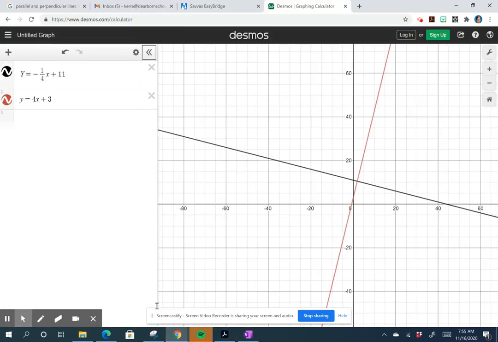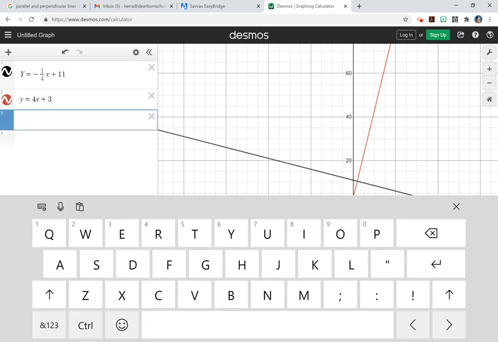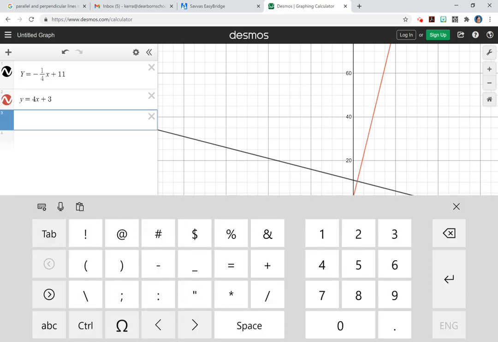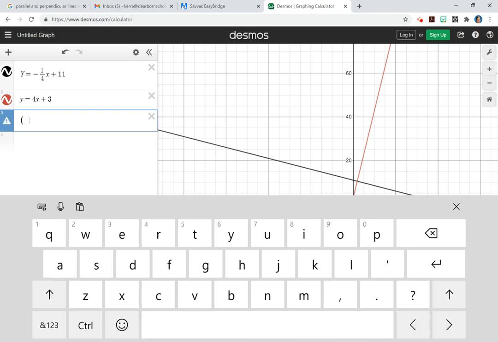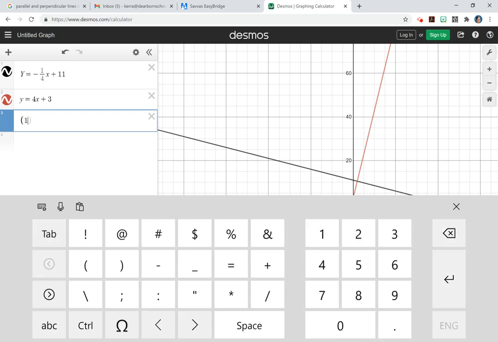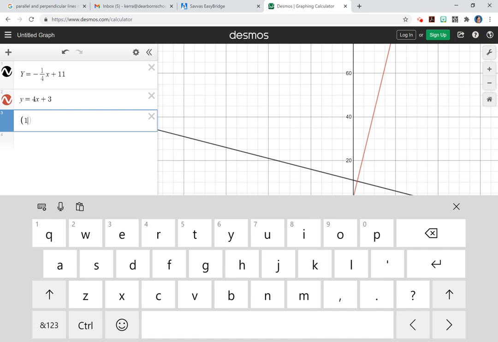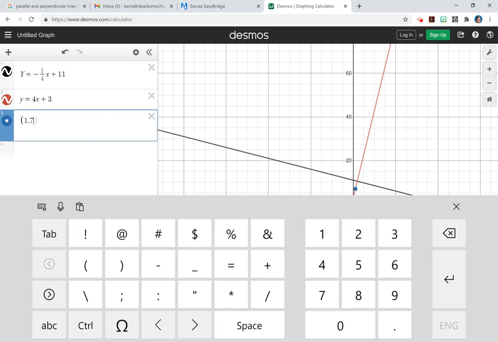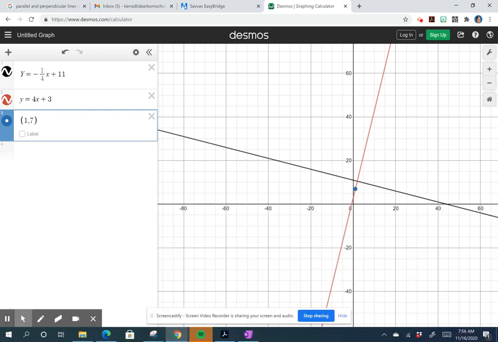So you can always plot 1, 7 to make sure that your line was correct as well. So my red line now has 1, 7. It's included. So I know that I did the equation algebraically correct.